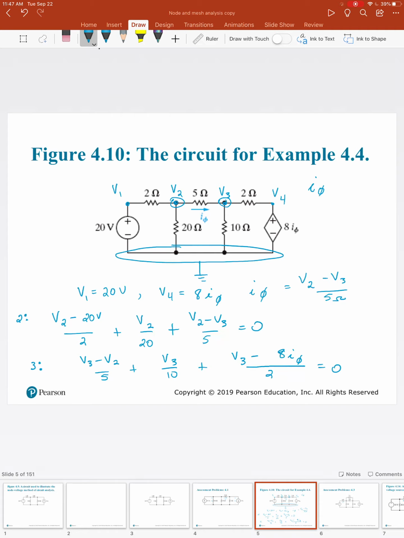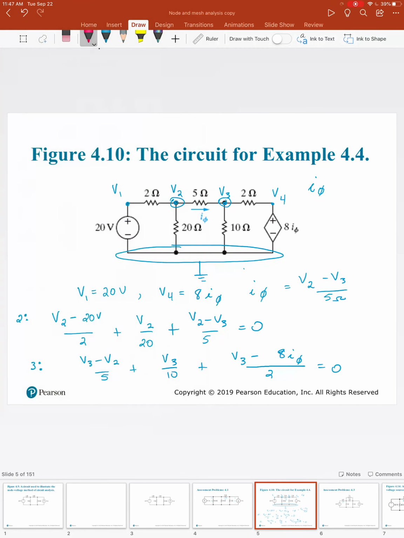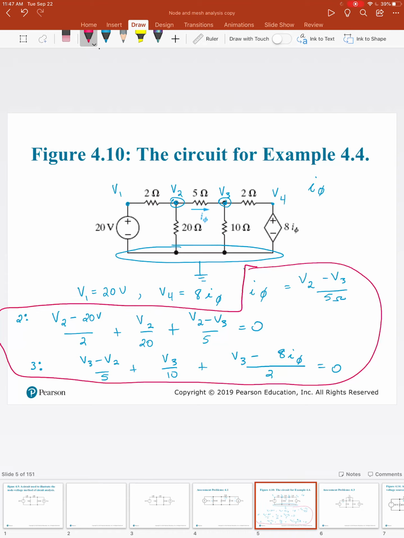So now, in these three equations here, I have three equations and three unknowns. I did put up a video on solving simultaneous equations.